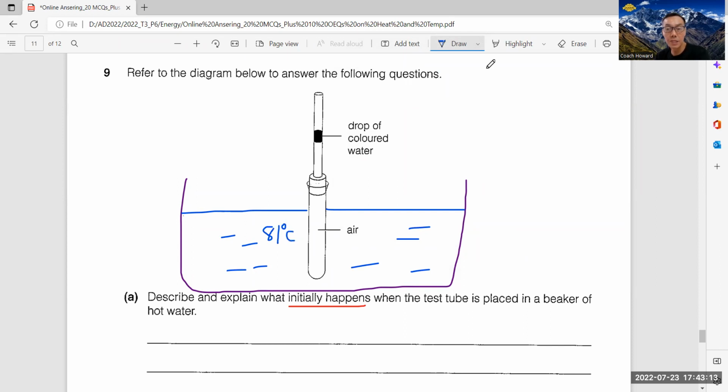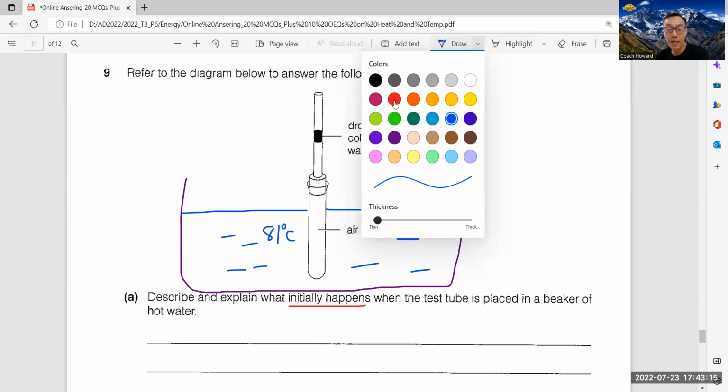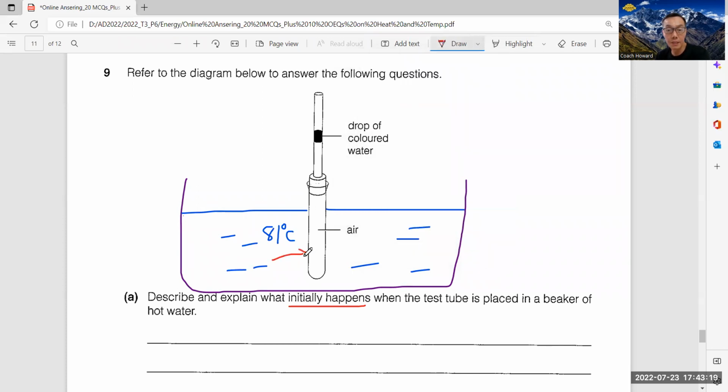Okay, so this hot water, because the first part that is in contact with the hot water is the test tube surface, correct? Which is a solid. So this surface would gain heat and expand. So when it expands, that means there are more spaces.